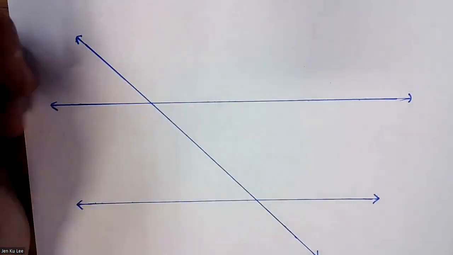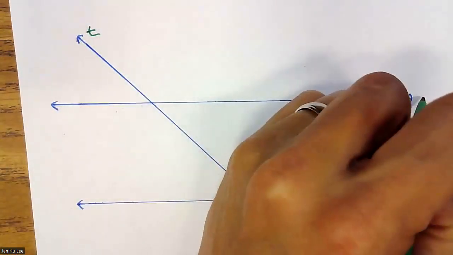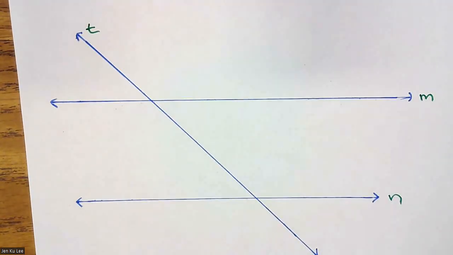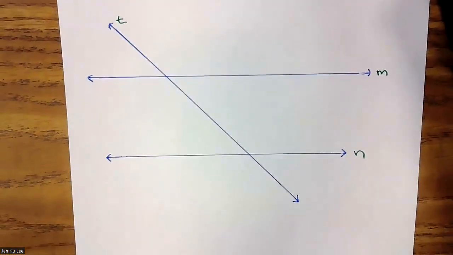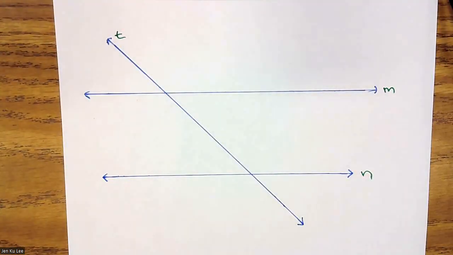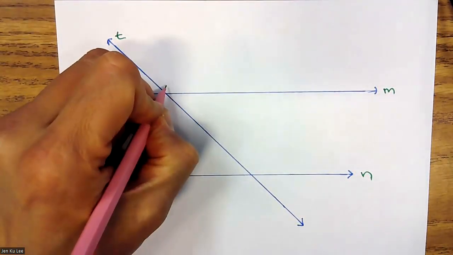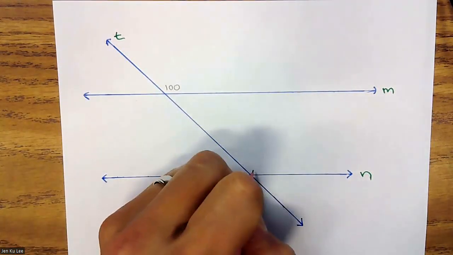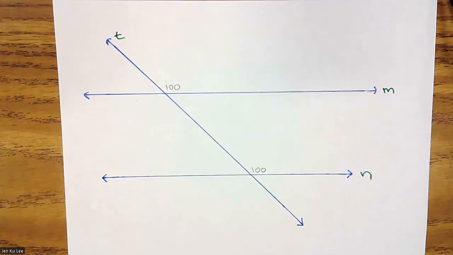Again, this is T, this is M, and this is N. Let's say, for example, I give you that this angle here is 100, and this angle here is 100.